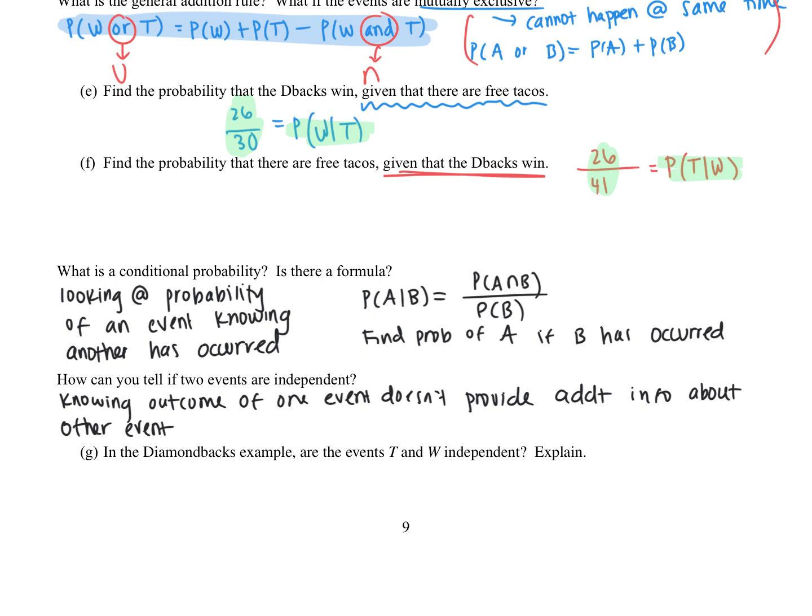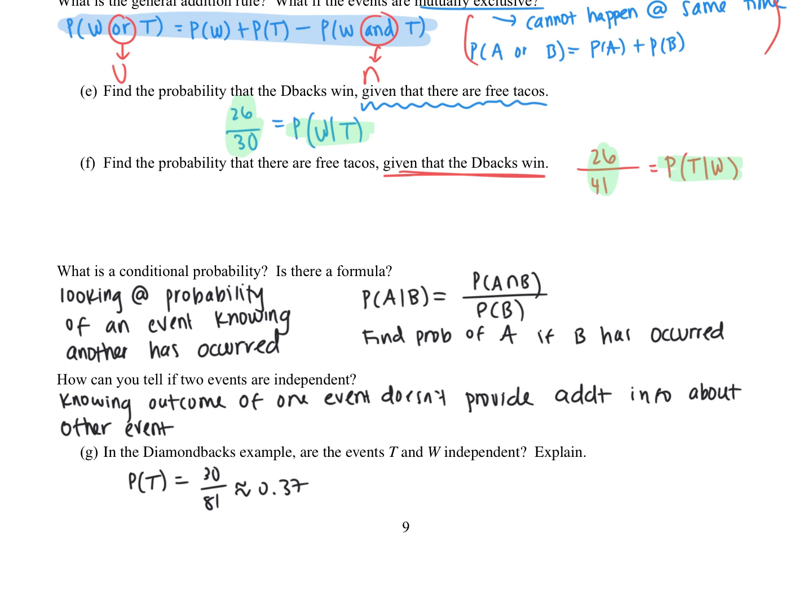So in the Diamondbacks example, are the events T and W independent? Well, the probability of T, the probability that they gave away free tacos, happened 30 times out of all 81 games. This time I'm going to give us a decimal because we're going to need that. It's about 0.37.